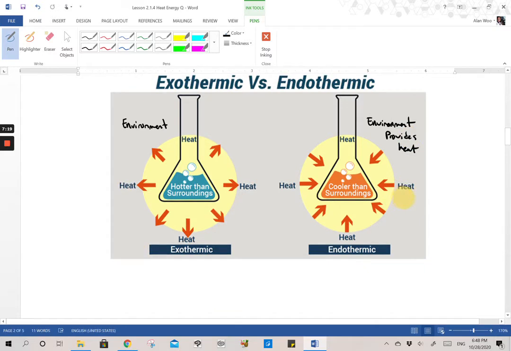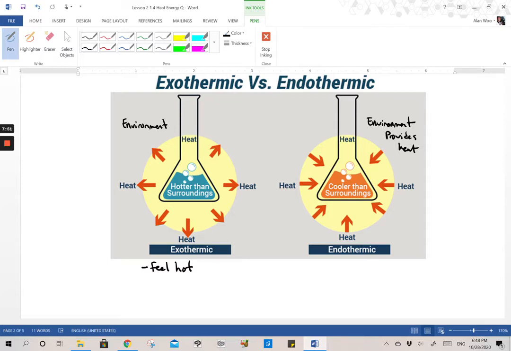So if we were to touch these Erlenmeyer flasks, the one that's undergoing an exothermic reaction, from our perspective, would feel hot. So things that feel hot are generally things that are going through exothermic reactions. Things that are going through an endothermic reaction are absorbing heat.